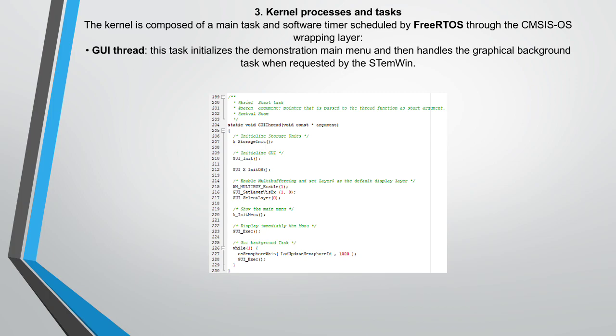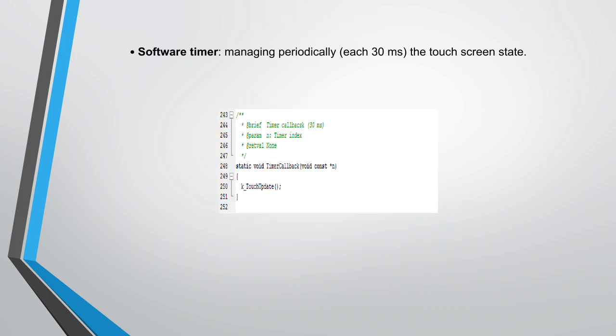GUI background tasks here in this case is an OS semaphore wait. Software timers manage periodically, every 30 milliseconds, the touchscreen state. Here it is k_TouchUpdate.